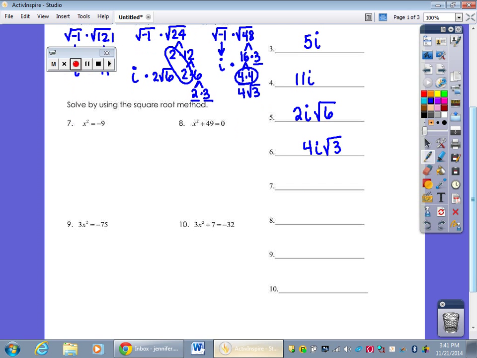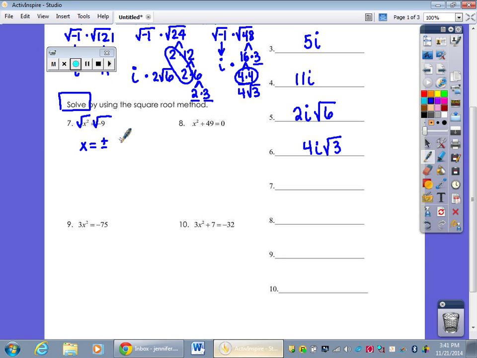All right, now it asks you to solve using the square root method. So here, if I'm trying to get x alone, the minute I see solve, I'm trying to get x equals. So I want to know what x equals, not x squared. So I'm going to have to take the square root of both sides. Notice we have done problems like this before. The only difference is that now we have a negative inside the radical.